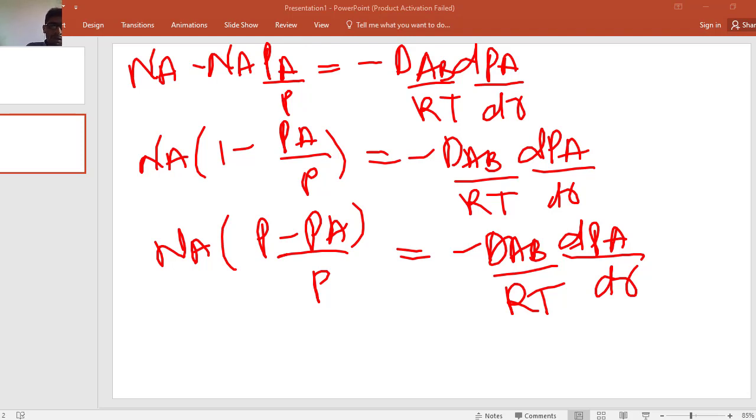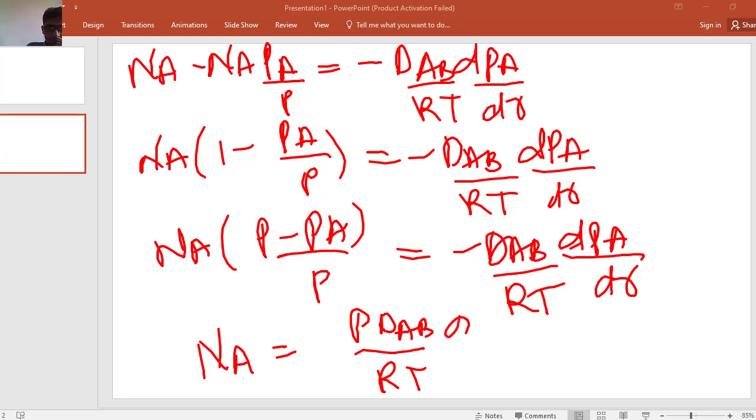So NA, the flux of water molecule, is equal to P DAB by RT, dPA divided by dr, followed by P divided by P minus PA, with a minus sign.